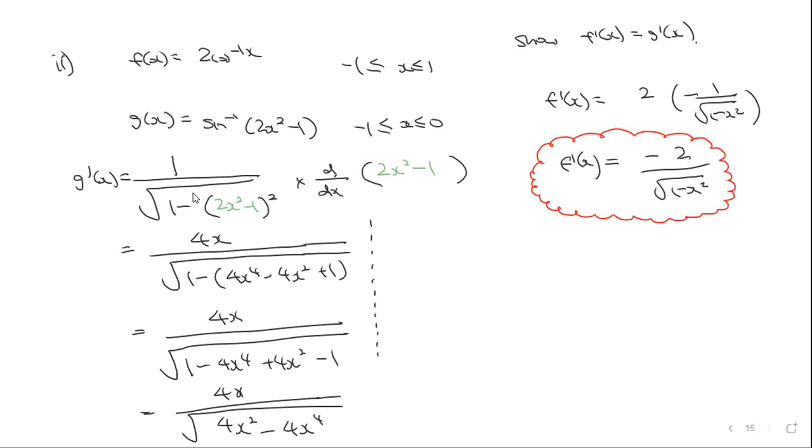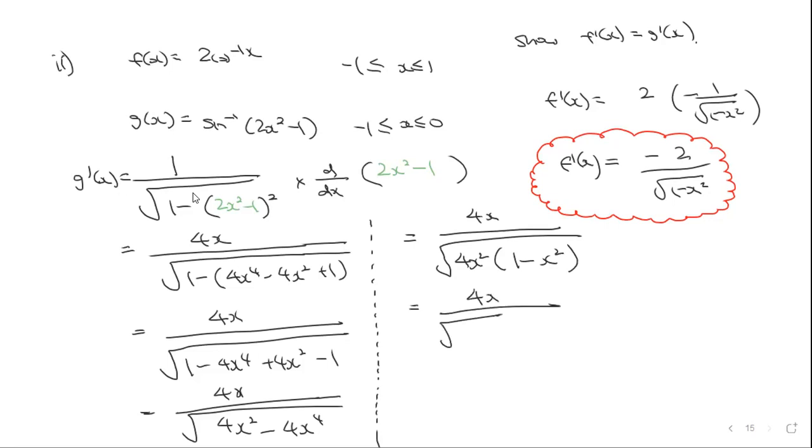Now, let's do this step by step. So this will equal 4x all over the square root of 4x squared times 1 minus x squared, which means you're going to get 4x all over the square root of 4x squared times the square root of 1 minus x squared. Nice and simple.